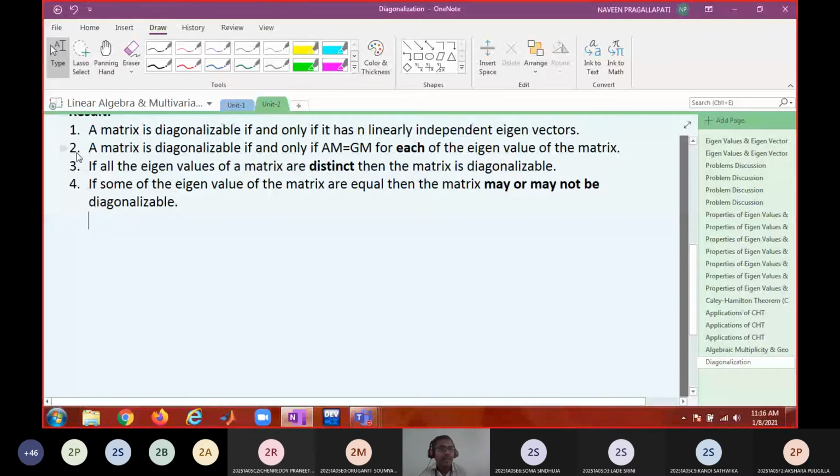Okay, now you take one problem. Test whether the following matrices are diagonalizable.